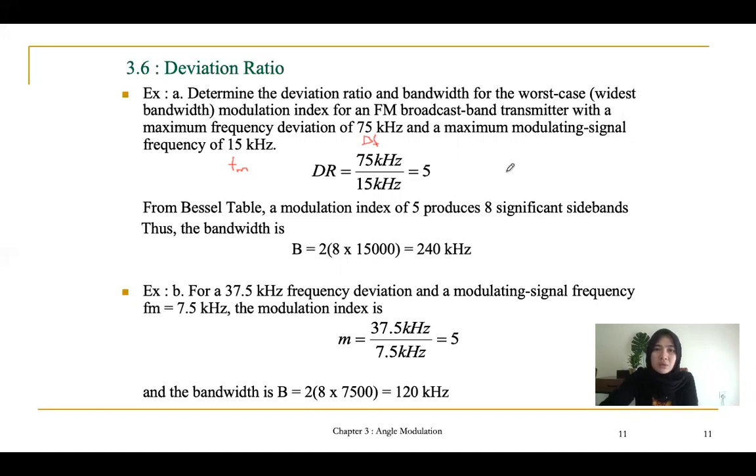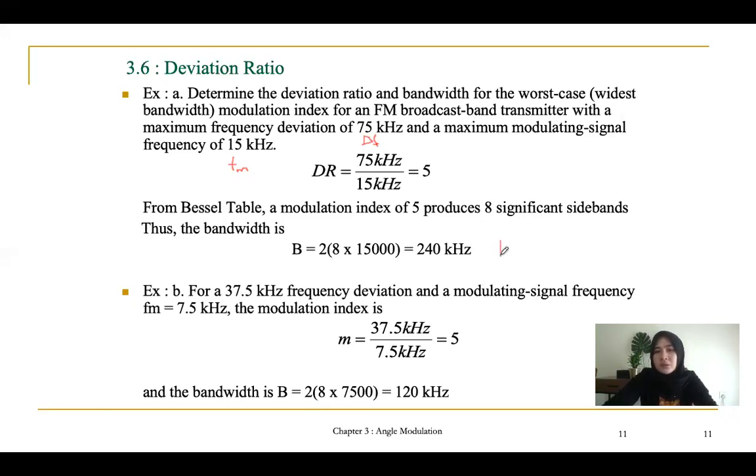Now you want to determine the bandwidth using the Bessel table. Remember, the deviation ratio is basically the modulation index, but it is the worst case modulation index. So now your modulation index equals 5, and you want to calculate the bandwidth using the Bessel table.